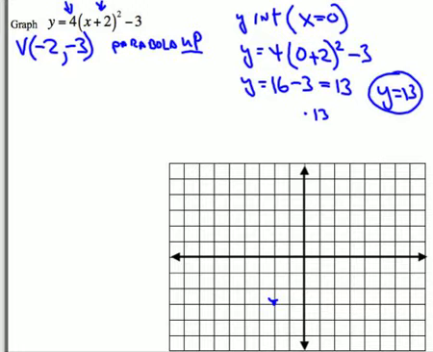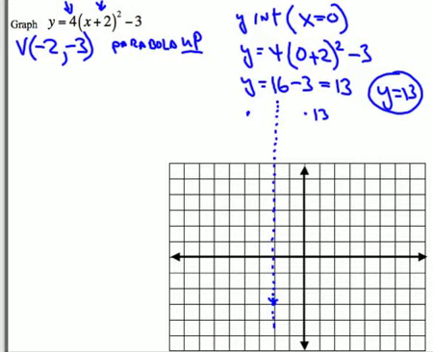And the symmetric partner is going to be, because remember the parabola is symmetric, I'm going to draw a dotted line to show you. It's symmetric along this line. So that means if I have (0, 13) as a point, I also have (-4, 13) as a second point. So I'm plotting that one here. That one is also a second point.